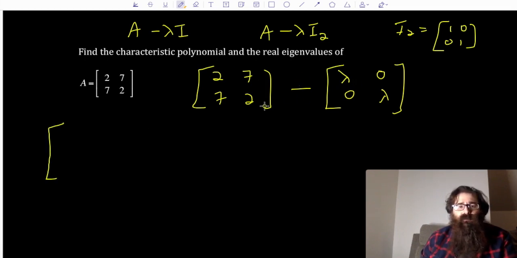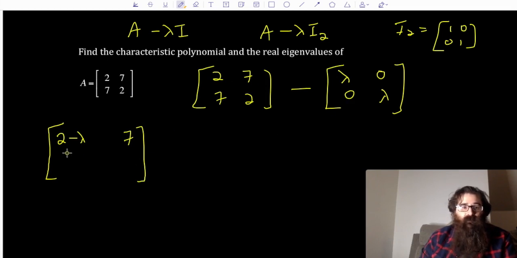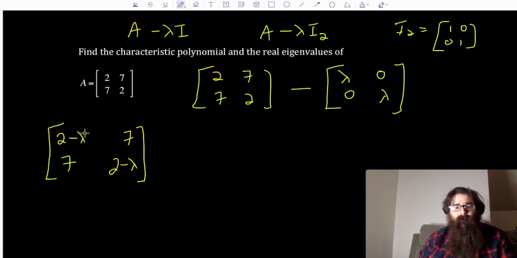You're going to get so used to this computation that you can just start subtracting lambda on the main diagonal: 2 minus lambda upper left, 7 minus 0 stays 7, 7 minus 0 in lower left stays 7, and last entry 2 minus lambda. You can show the steps leading up to that too.